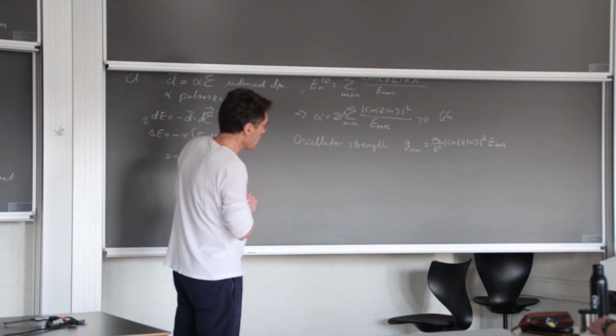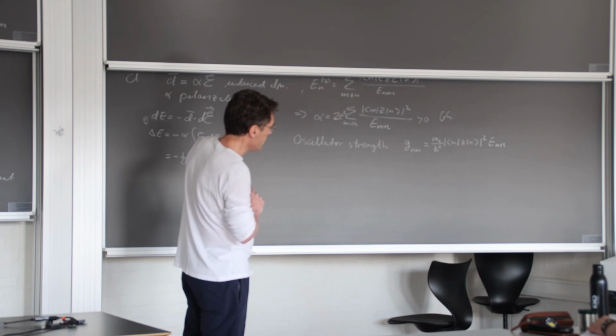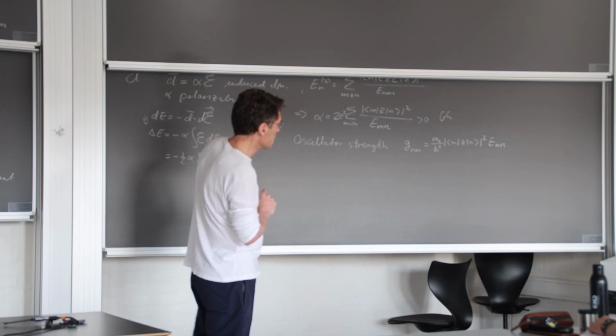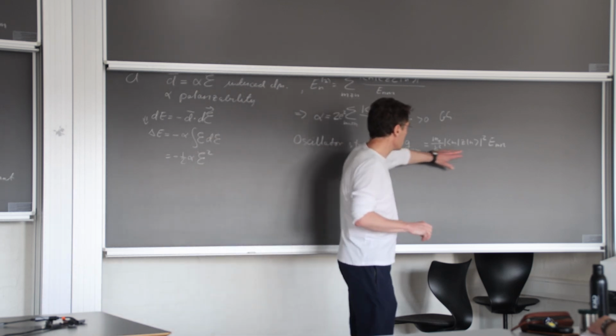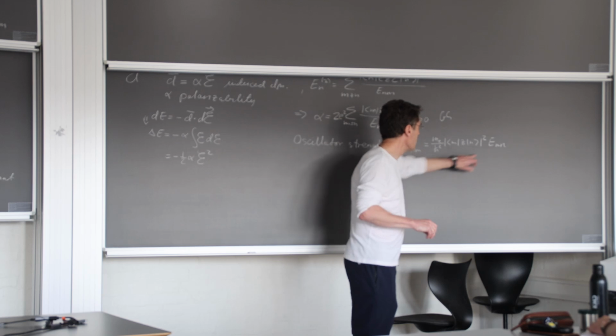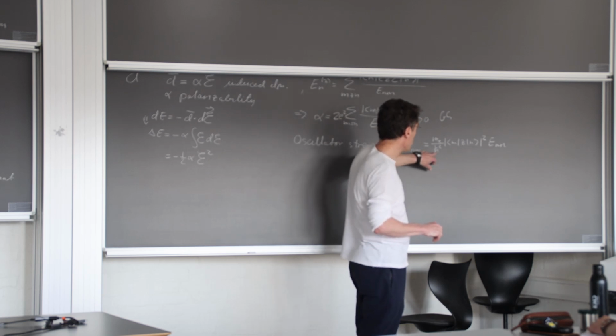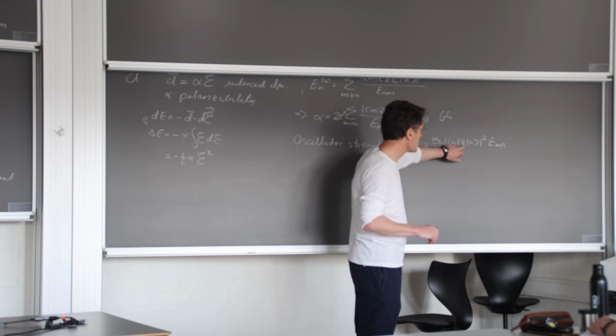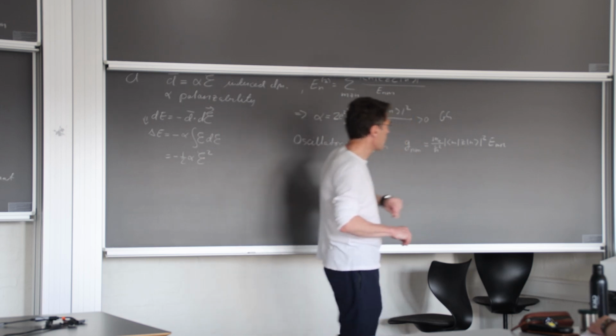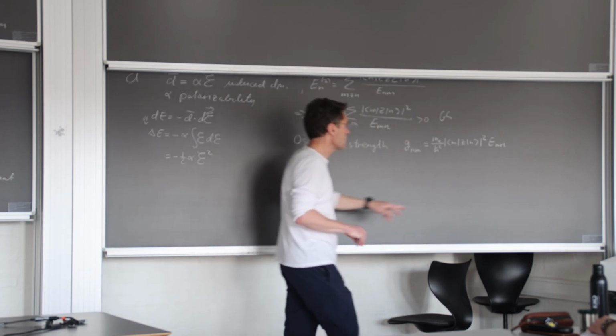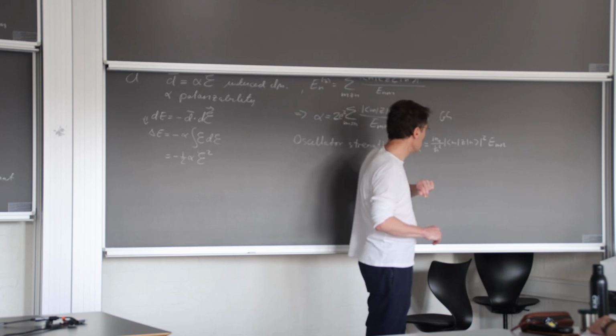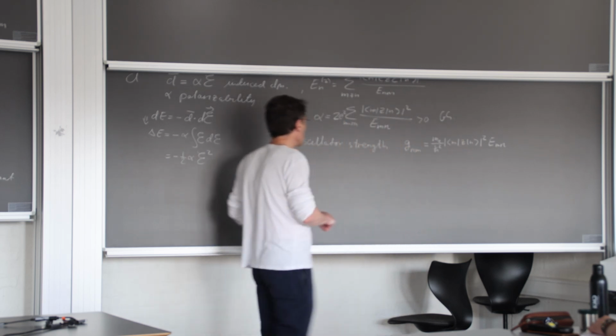You might see that this is a dimensionless number. If you look at the inverse of that, you get h bar squared divided by mass times distance squared, and that's an energy. So this is the ratio between two energies. So this is a dimensionless number.